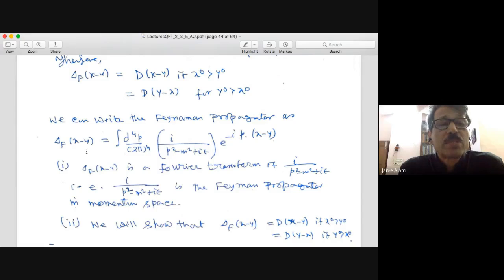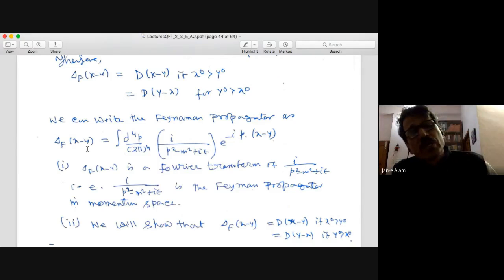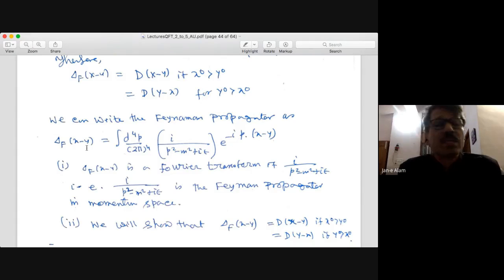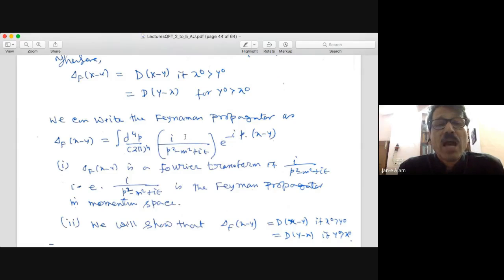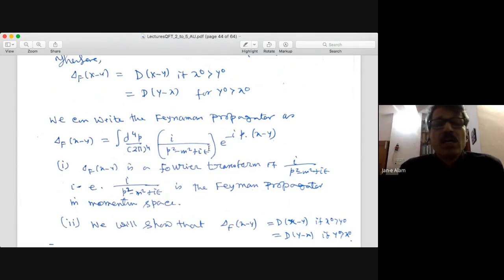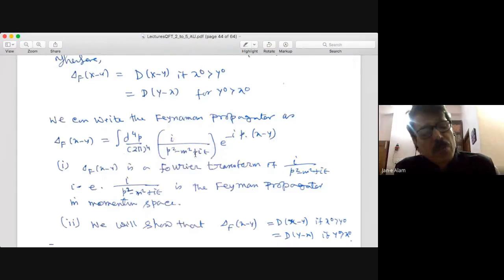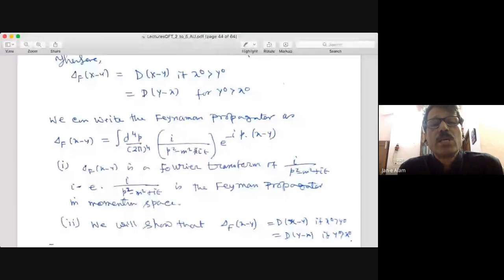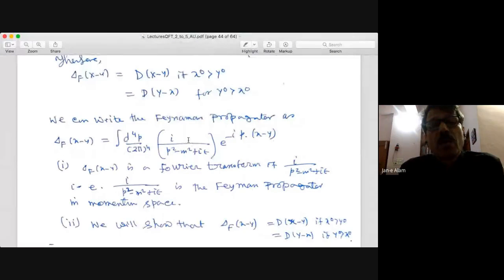So if Δ_F(x minus y) is a propagator in coordinate space, then i by p² minus m² plus iε is the propagator in the momentum space. And this momentum space propagator, you will see, we will be using in our calculations for Feynman diagrams.